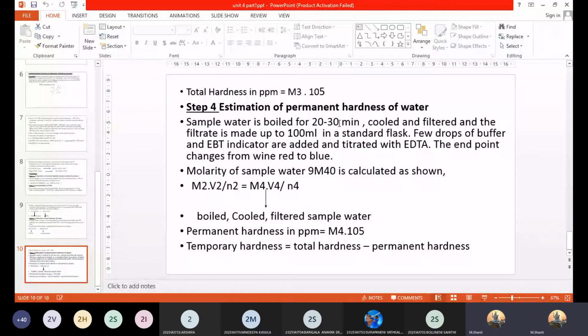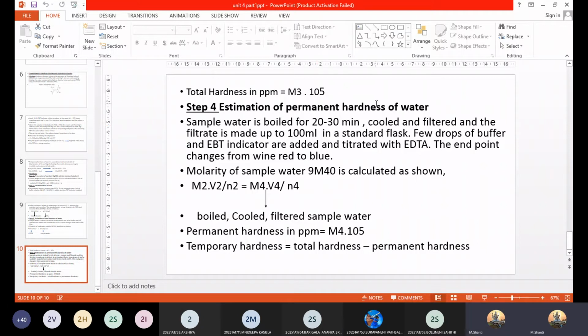From the theory, what we have learned is that on boiling, temporary hardness causing salts will be precipitated. Is this point clear? There are two types of hardness causing salts: one causes temporary hardness, the other permanent hardness. Those salts causing temporary hardness, calcium bicarbonate and magnesium bicarbonate, what will happen to them when you boil?